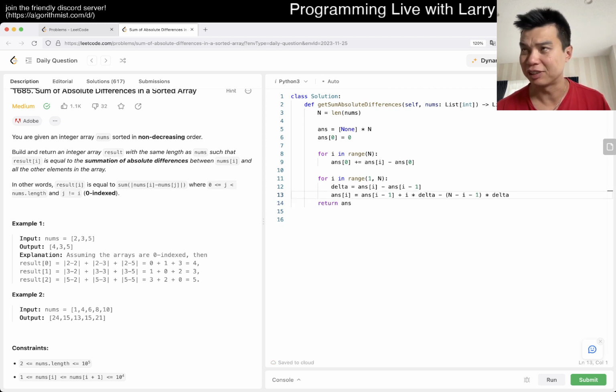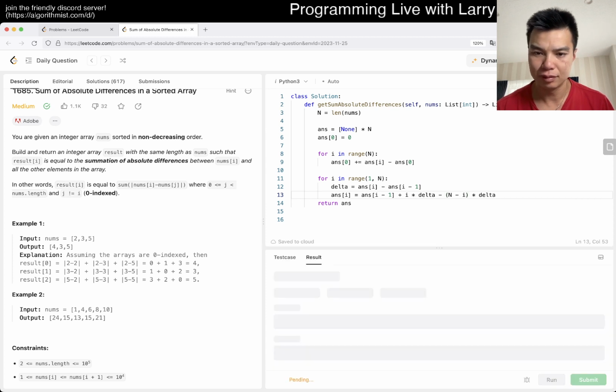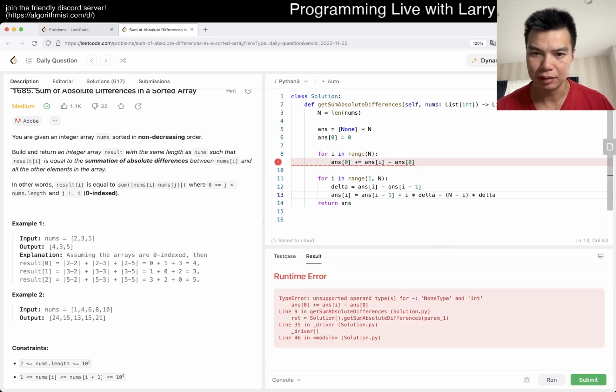I might have to actually count. Alright, so let's say if i is 1 and n is say 5, how many numbers are to the right? Well, it's going to be 1, 2, 3, 4. So let's do. Oh, oops.